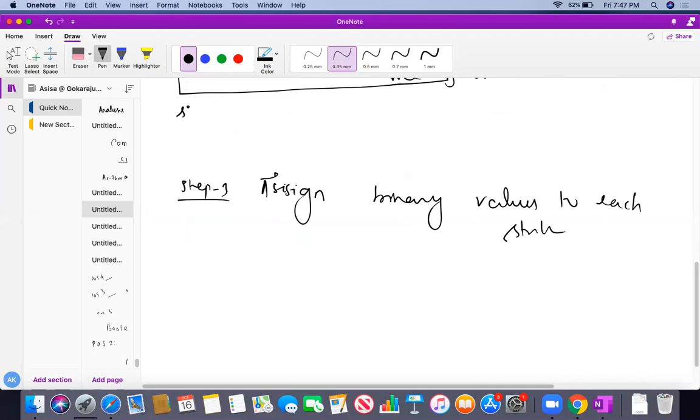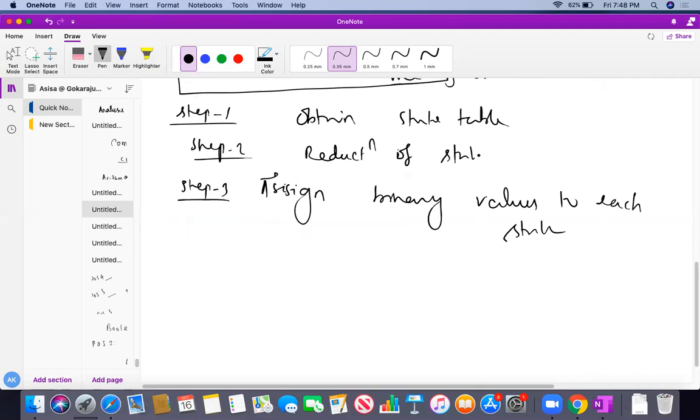Step one we have already seen: obtain the state table. Next, step two: reduction of states, if possible. Next, assign binary values to each state.